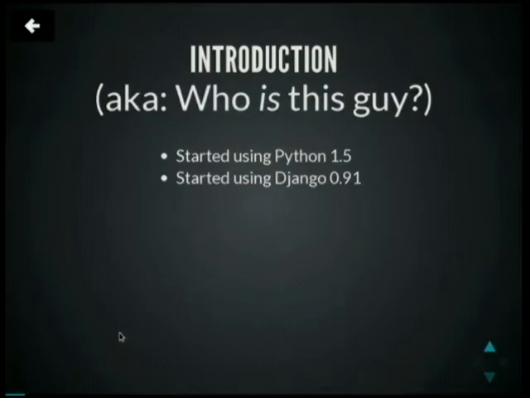So, oops, this is me. Yep, I started using Django pretty much about the time it came out. It completely blew away a project I was working on at the time, which is kind of developing an integrated ORM and web app construction framework. And we saw Django and just went, we've been wasting our time. So we switched over and started using it.